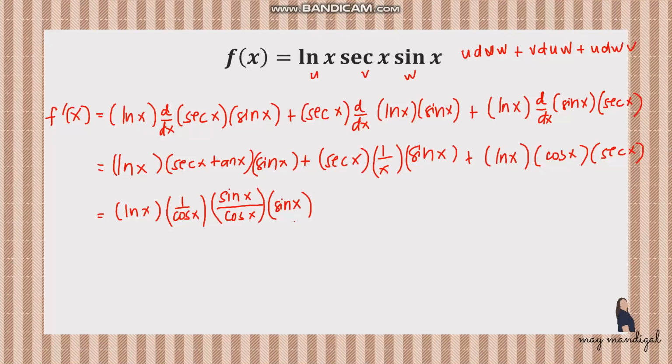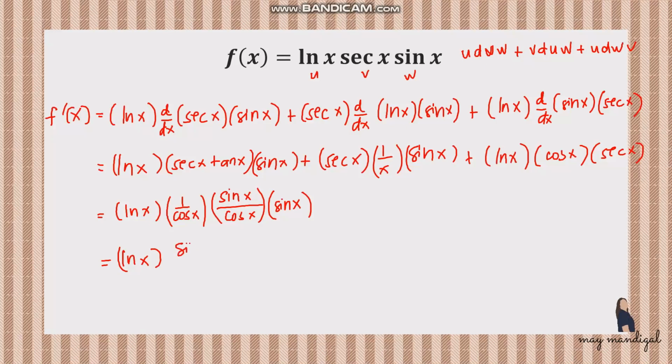So what we will do is, we can just multiply all of them. So we did not change the sine x because if we change the sine x, it will just give us another trigonometric function, which we don't want because we want to simplify. So let's just multiply this. So let's just leave ln of x here, and then let's multiply sine and sine.